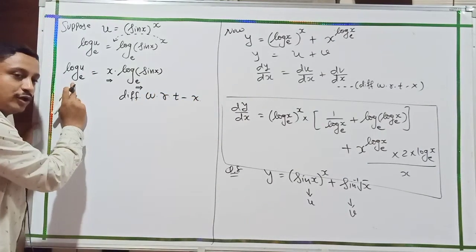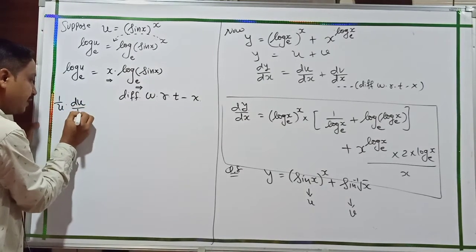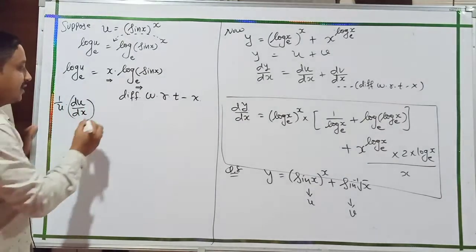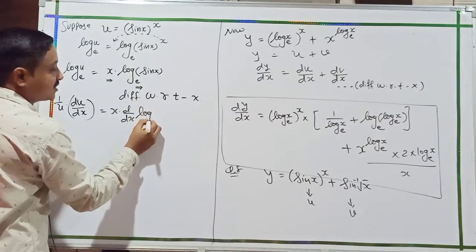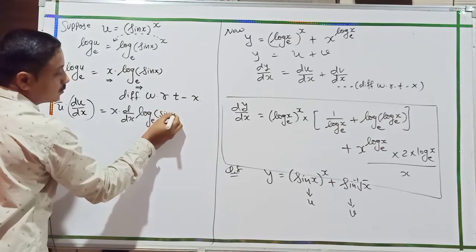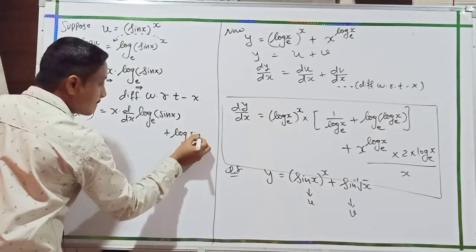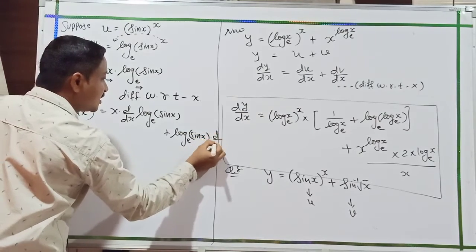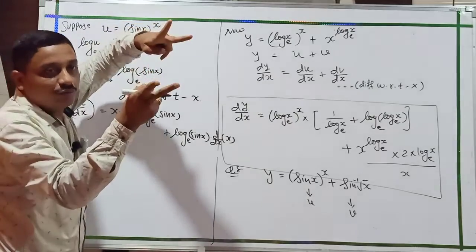So what is the derivative of log u? It is 1 by u times du by dx, and here apply the first times the derivative of the second function, plus the second times the derivative of the first function, because in between it is only the product rule.